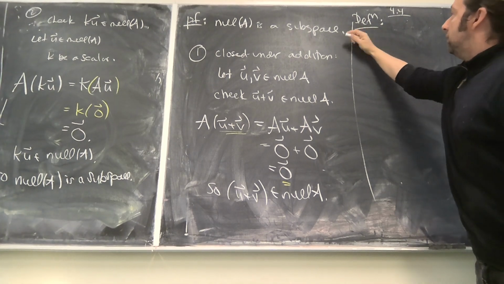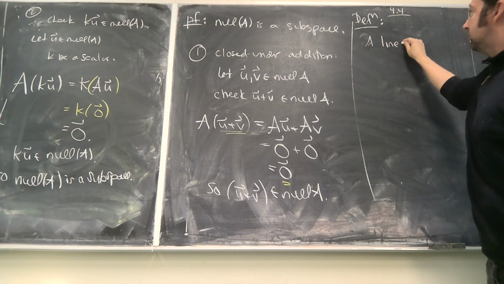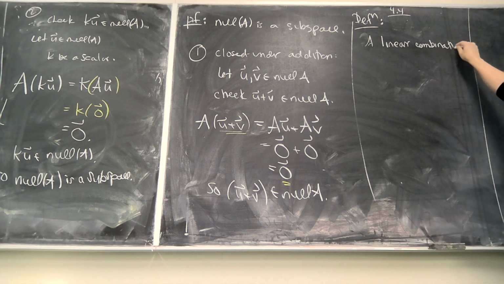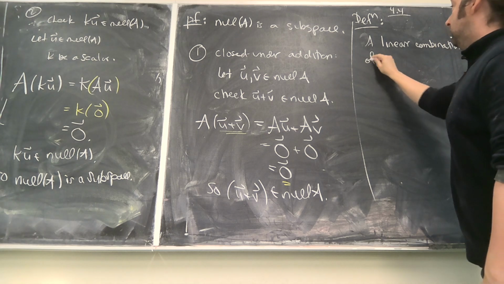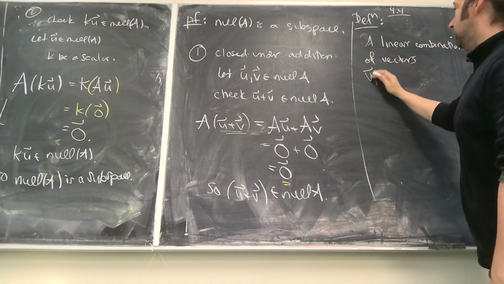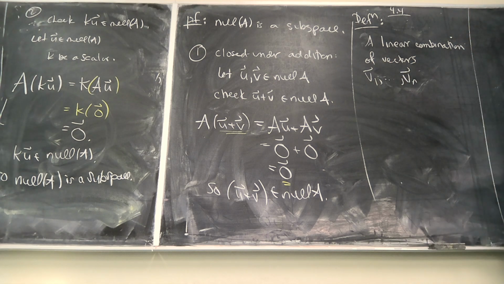So a linear combination of vectors v1 to vn. Now notice, I am not talking about vectors in Rn here. These are vectors in a vector space. Any vector space, matrices, continuous functions, polynomials, Rn, anything can be vectors here.